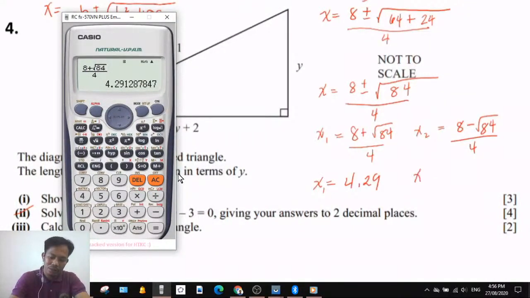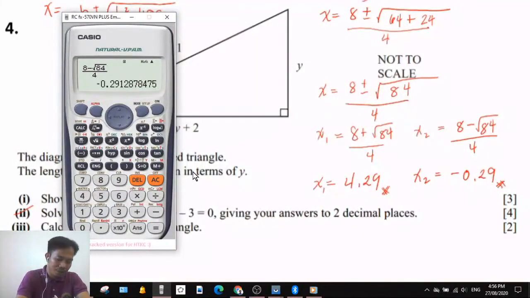And x sub 2 is equivalent to, this will be minus, which will give me an answer of negative 0.29. So I have the two solutions for question number 2.